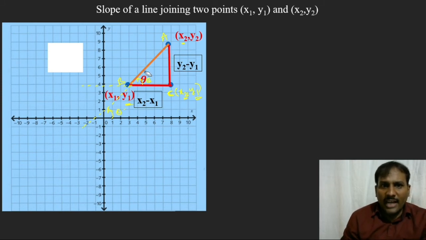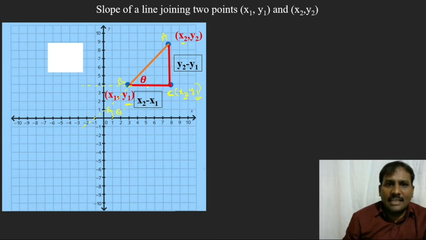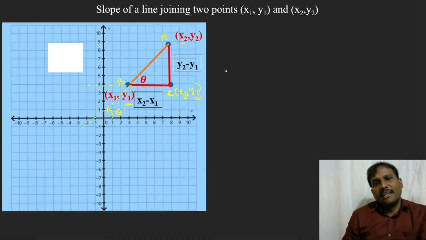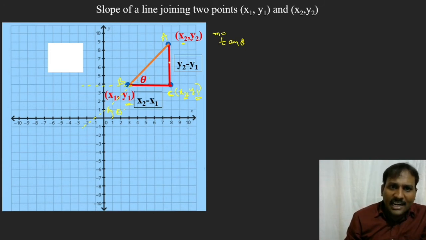Okay. So now, if the inclination of this line AB is theta, then what about its slope? That is tan theta. m is equal to tan theta. Now, what is tan theta in this right angle triangle ABC? It is opposite side by adjacent side.